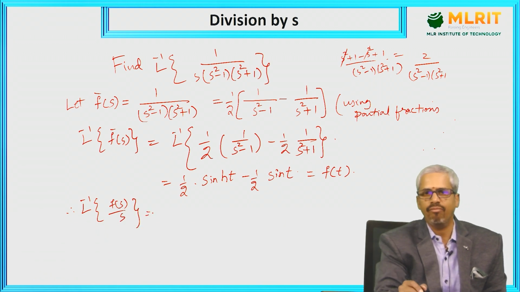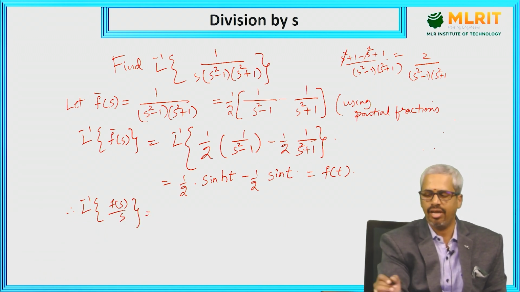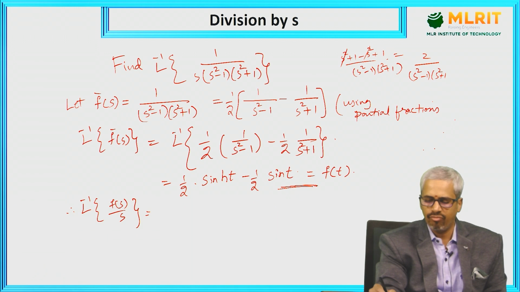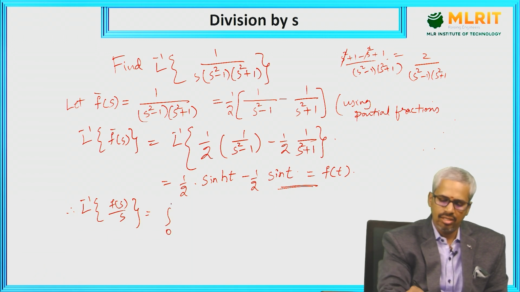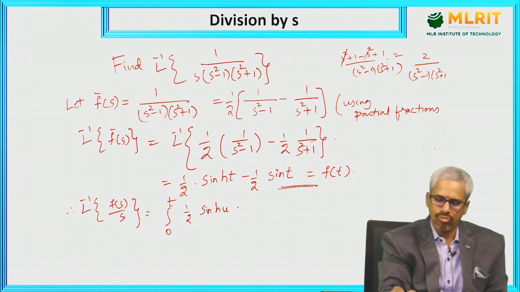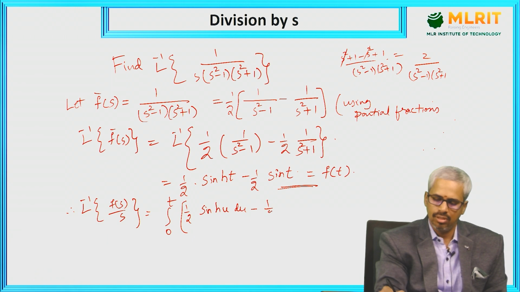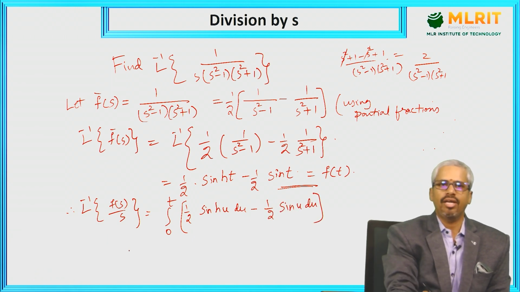Since you are dividing by s, we integrate the function f of t. This is the function f of t, 0 to t, f of u du, sinh u du minus sin u du. So we integrate this.